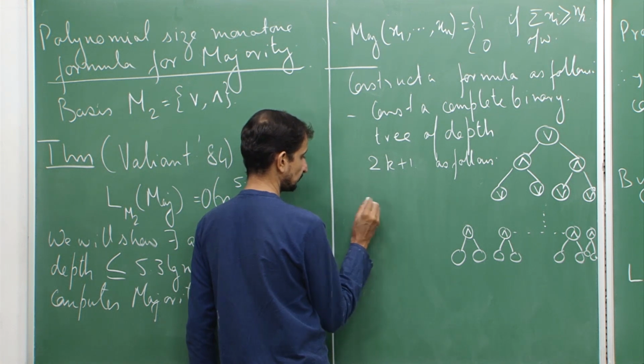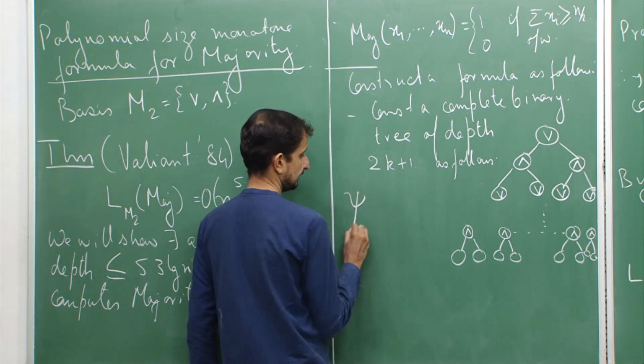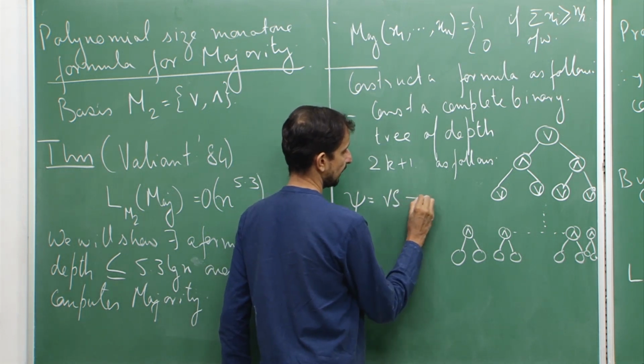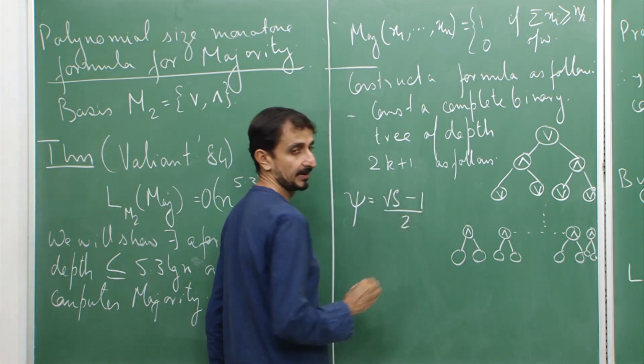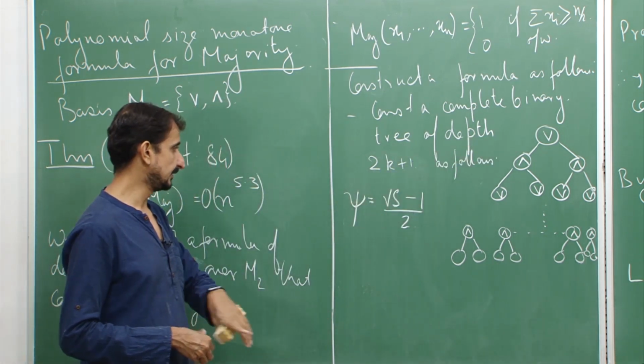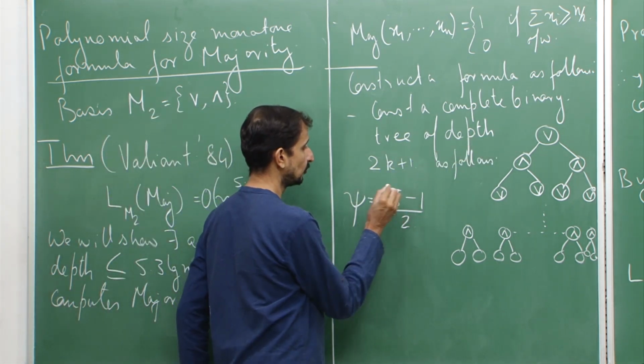Now consider this constant. Let psi be the constant (root 5 minus 1) by 2. How we get this will be clear very soon. Actually, this comes from the root of an equation.